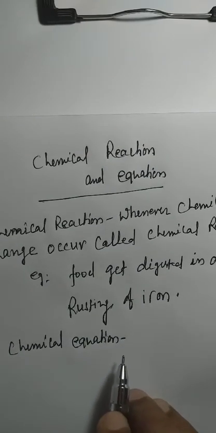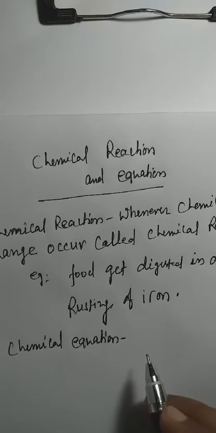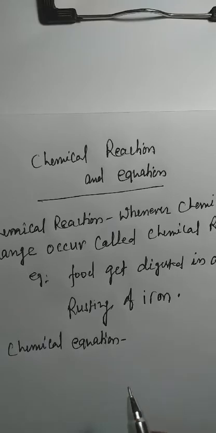Any chemical reaction that can be expressed symbolically is called a chemical equation.